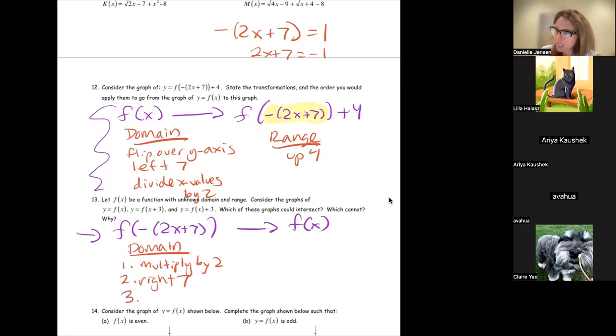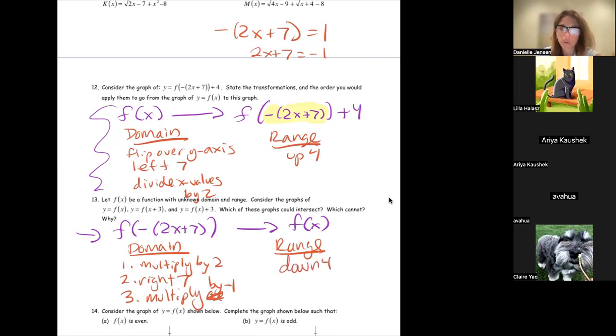And then, multiply by -1, which is the same as dividing, right? So multiply by -1 or flip over the y-axis. Okay, and then for the range, what would I do? Subtract 4. Yeah, subtract 4 or down 4, right?